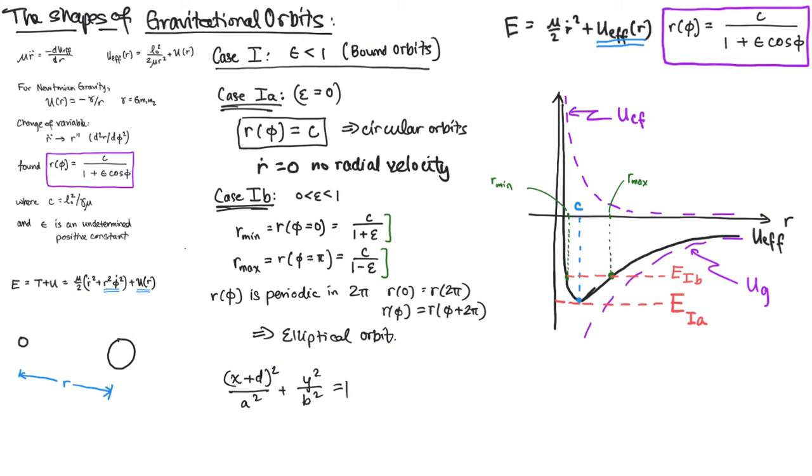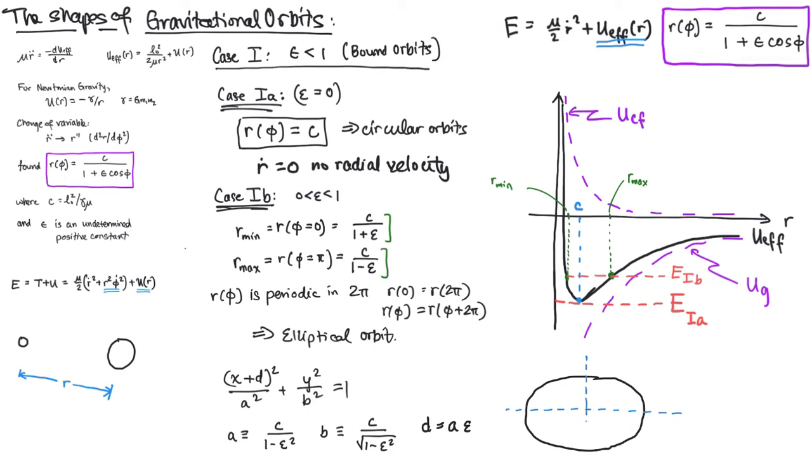Here, this term A is defined to be the constant c over 1 minus epsilon squared, where the constant B is defined to be c over root 1 minus epsilon squared. And this constant D is equal to A times epsilon. So this is the equation of an ellipse that has a major axis and a minor axis.